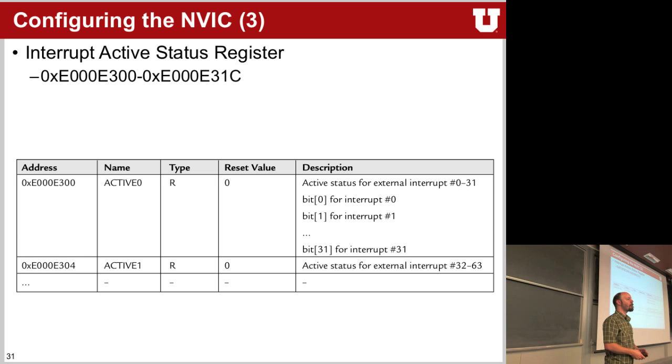Yes? So one more question. The clear pending register is only set to what you set it to for one cycle. Is that the same for the set? Yes. And then it goes to your other registers behind the scenes.